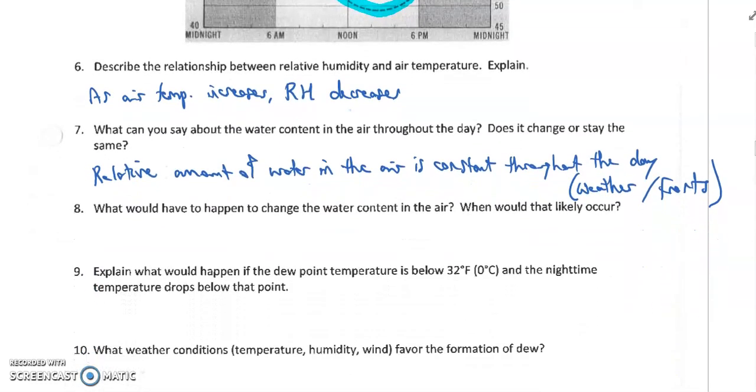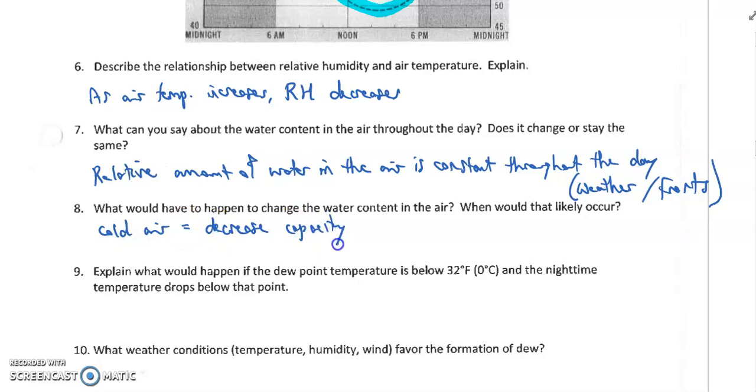It says, what would have to change in order to change the water content in the air, and when would this be most likely? So changing water content in the air would need cold temperatures. If you can get the temperature cool, you can decrease the capacity of the air. So if I have cold air, this will decrease capacity.